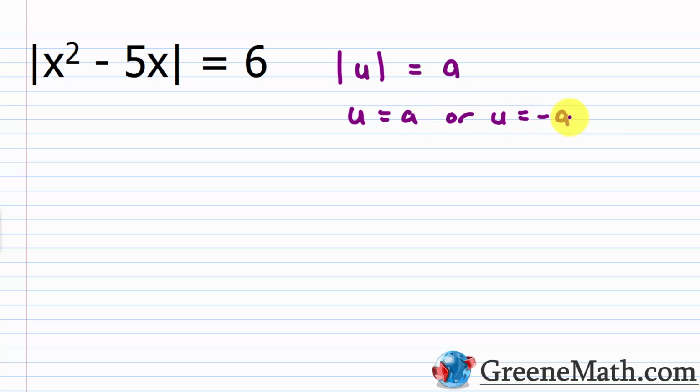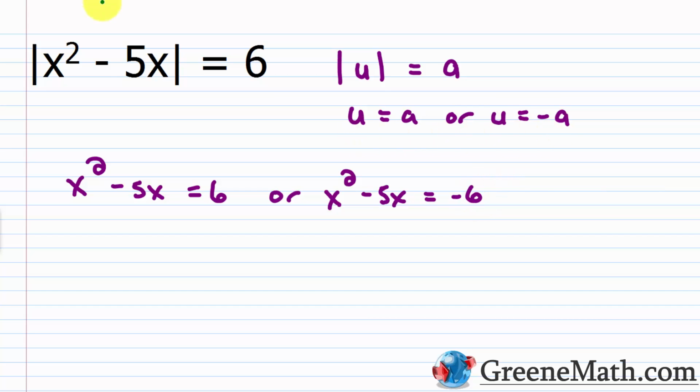So it's the same concept, we're just using more complex expressions. So we would have x squared minus 5x set equal to 6, or we'd have x squared minus 5x equal to negative 6, okay? All I did was follow this. This expression is my u. This number is my a, okay? So I'm just following that just like we saw, okay?